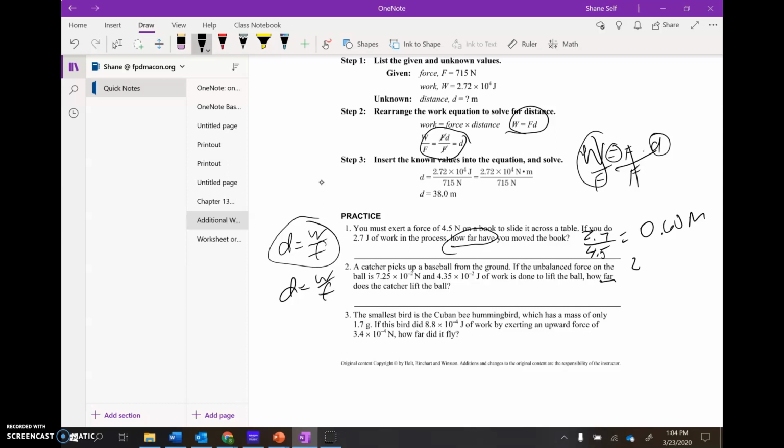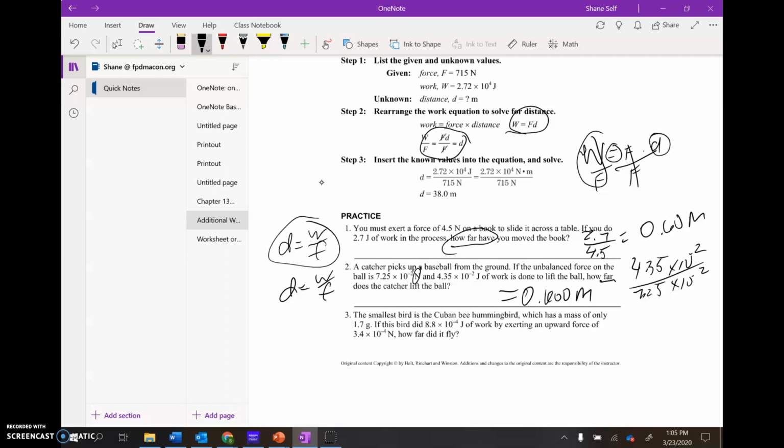So our work is 4.35 times 10 to the negative second divided by our force, which is newtons, 7.25 times 10 to the negative second. You divide those two numbers and you're going to get 0.600 meters. That's our distance. That's how far he lifted the ball.